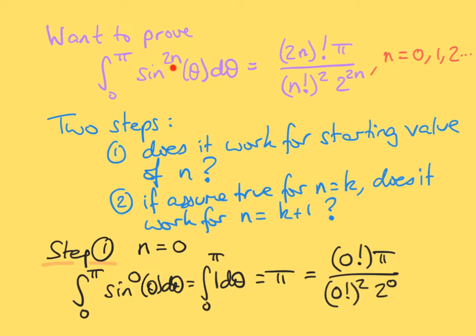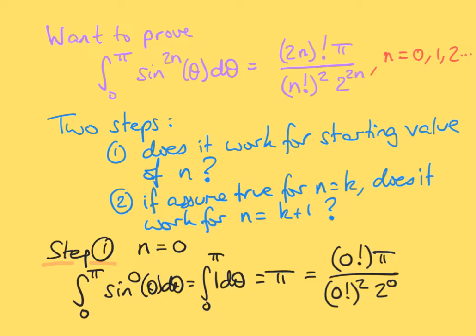So let's look at it for n is 0. If we put n is 0 in here, we have the integral of sine to the 0, and that is the integral of 1. And the integral from 0 to pi of 1 with respect to theta is just pi. On the other side, we would have 2 times 0 factorial, times pi, divided by 0 factorial squared, times 2 to the power of 2 times 0, which is 0, so 2 to the 0.